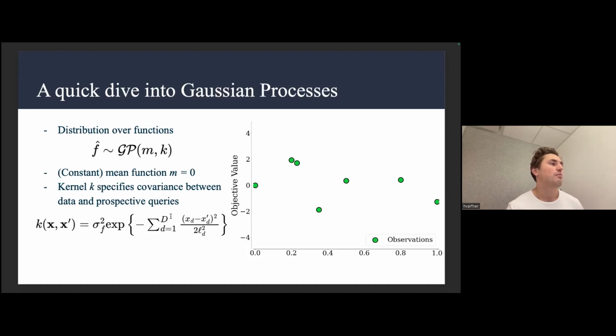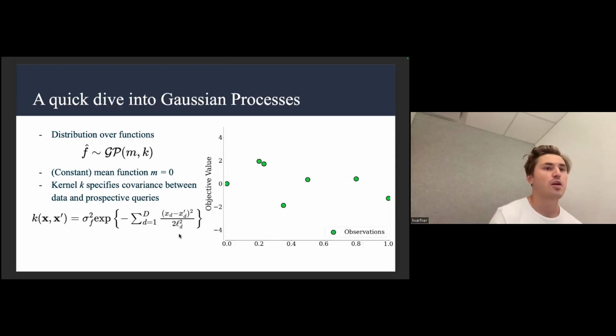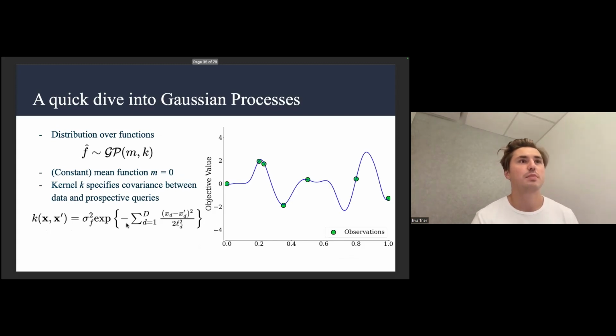So this function here is a squared exponential kernel, which, while I'm not going to go into it in detail, says that points that are nearby one another will likely have very similar values. So under this measure of similarity, a function may look like this, where it's very smooth, meaning that points that are nearby are likely to have similar values.